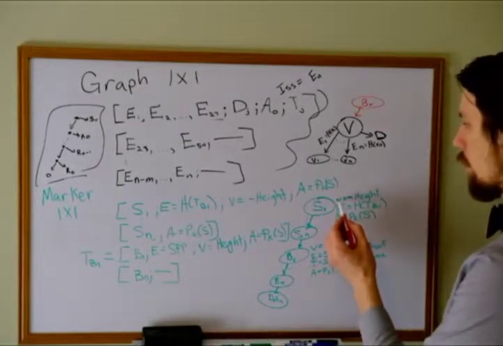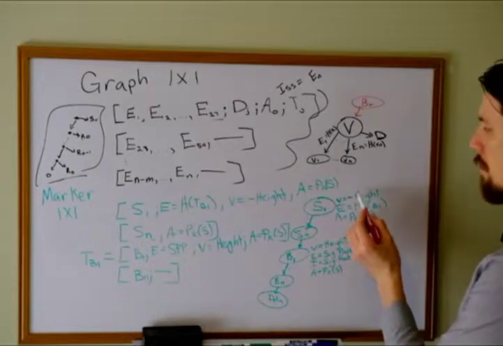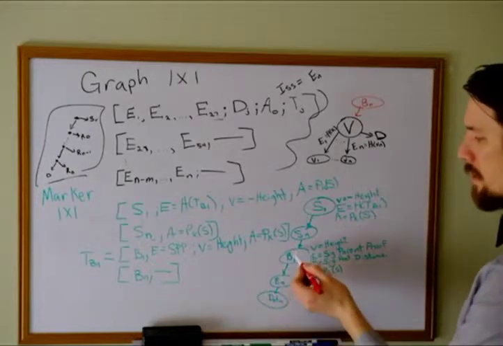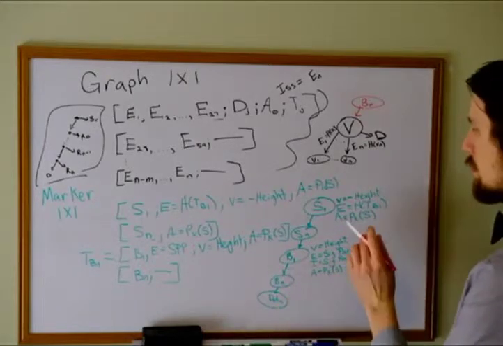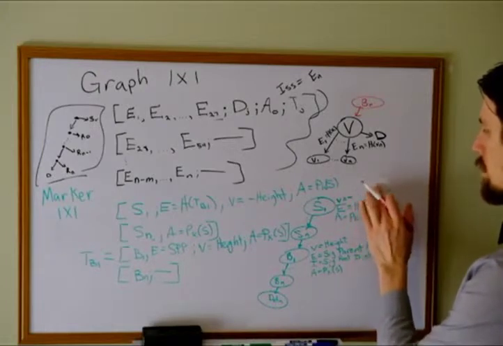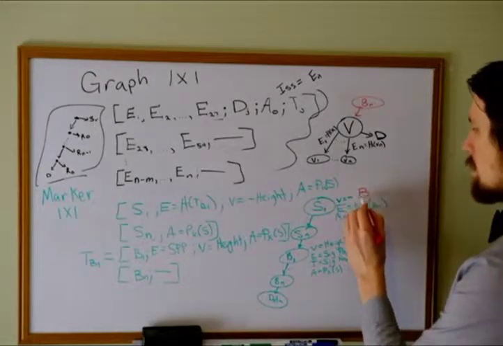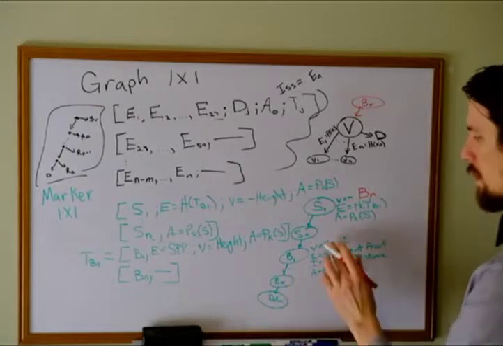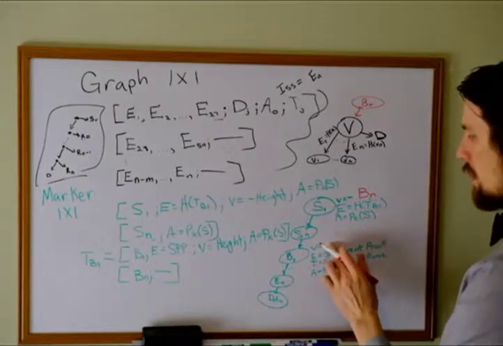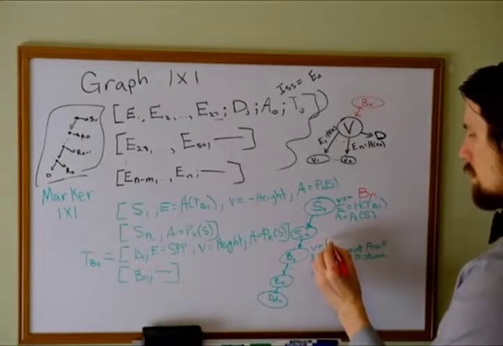And therefore we put the value equals minus height, where height is the number of things here. So I'll actually rename this to minus b sub n, and here I'll rename this to b sub n.